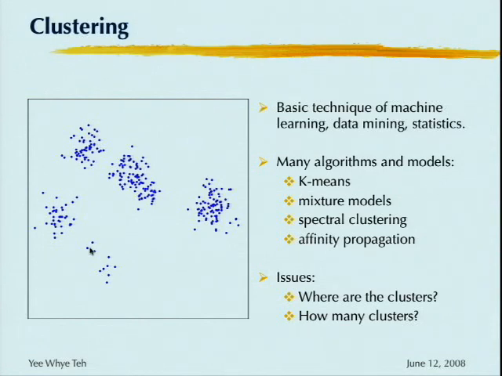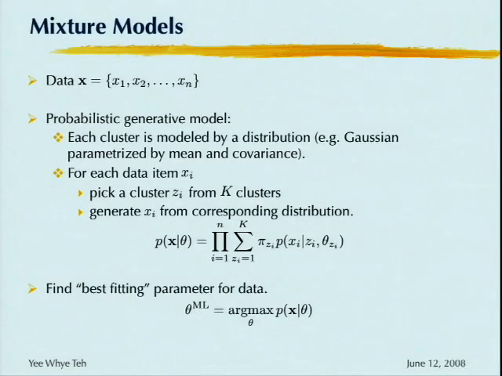Okay. The approach we should take for clustering is mixture models. This is a probabilistic approach to clustering. Given a data set, say x1 until xn, the probabilistic approach says that you start off with some description of how the data could be generated based on some set of parameters.